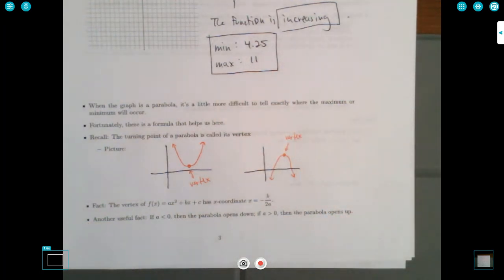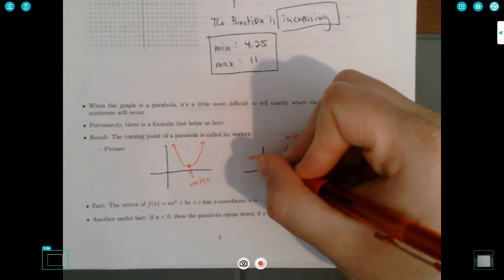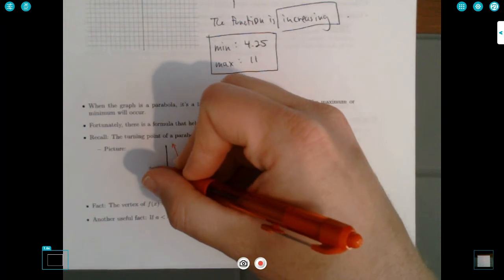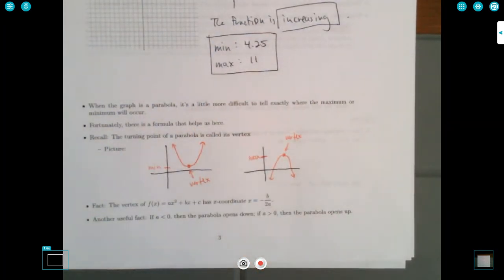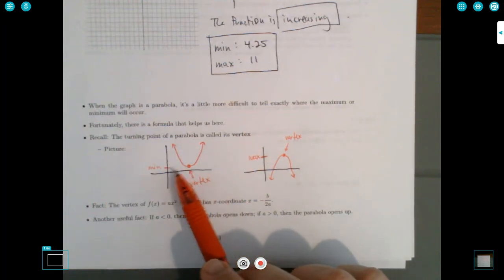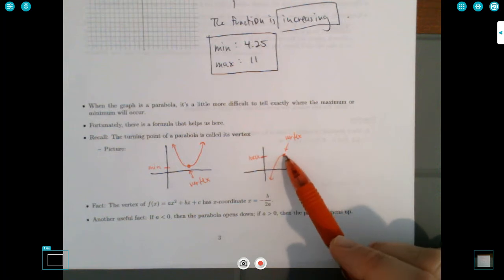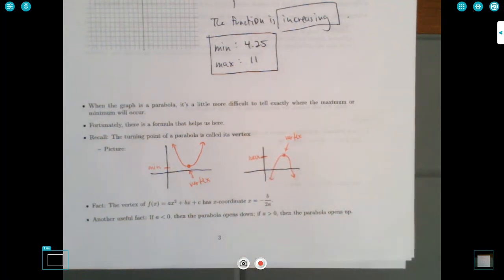You may notice that the vertex in this case is a minimum, and in this case it's a maximum. Or rather, the y-coordinate is. If the parabola opens up, then the y-coordinate of the vertex is going to be the minimum value. If the parabola opens down, then the y-coordinate of the vertex is going to be a maximum value.